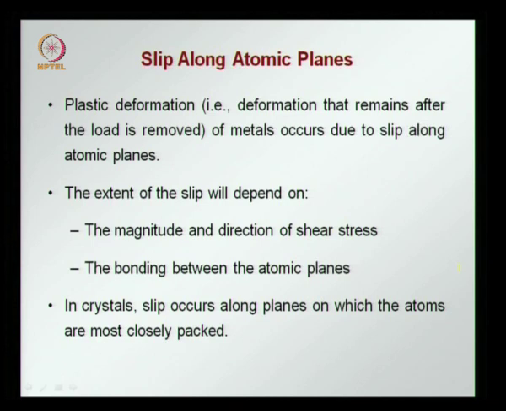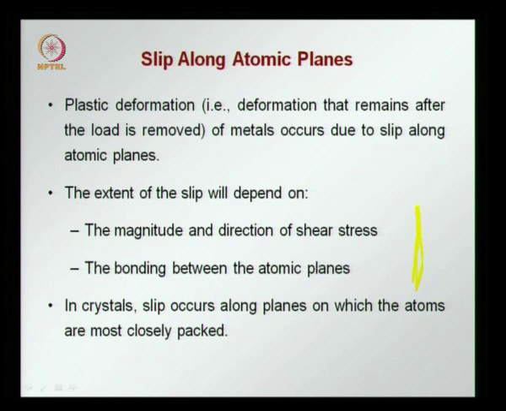Now in plastic deformation there is permanent deformation that remains even after the load is removed, and the amount of slip that occurs between the atomic planes depends on two things. First, how much is the external stimulus in terms of stress, the magnitude and direction of the shear stress.